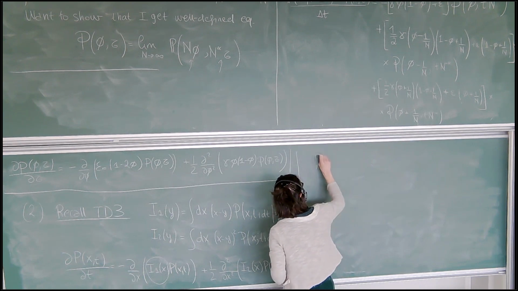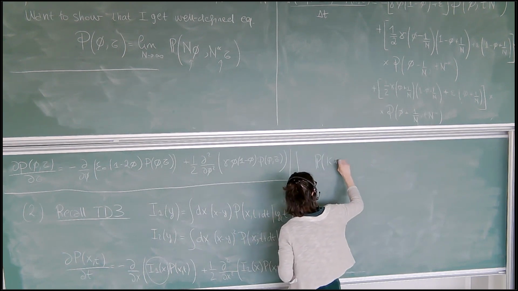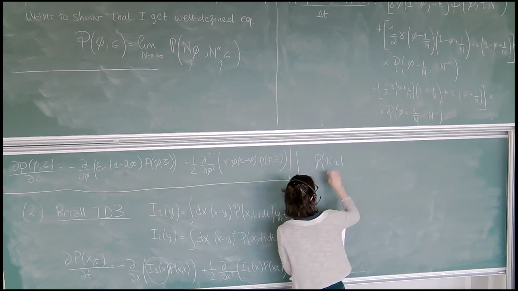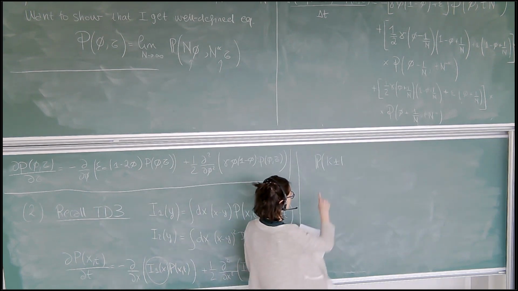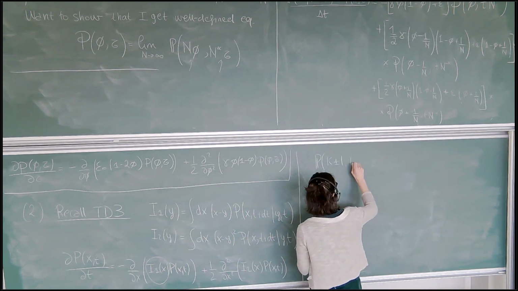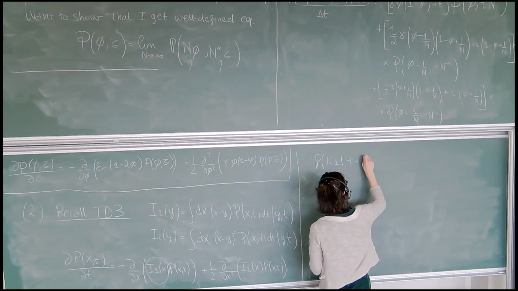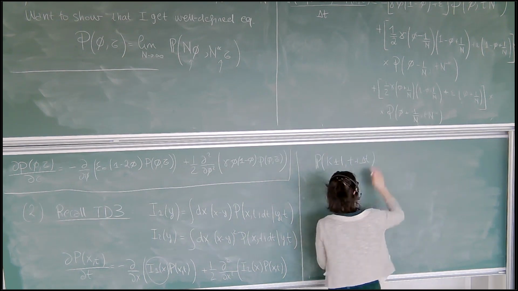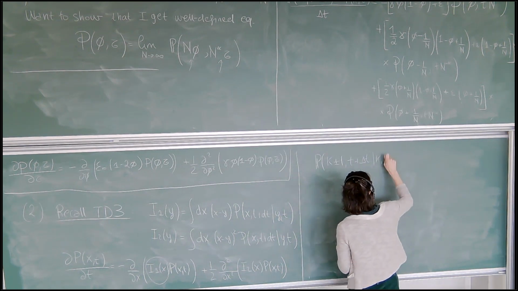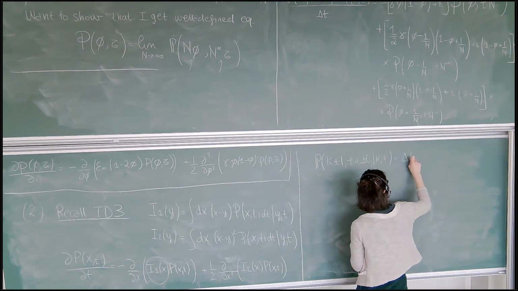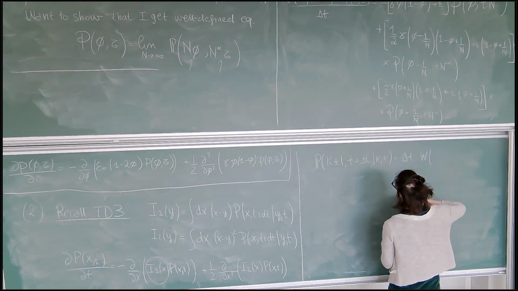And we use the fact that in the discrete setting, you can have only increments by 1 unit, with a probability that was just given by our rates.